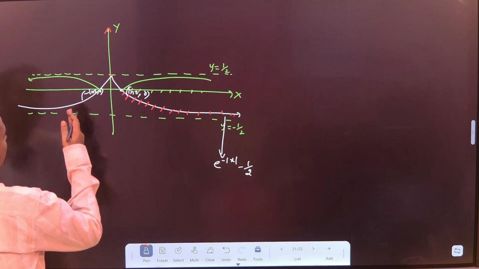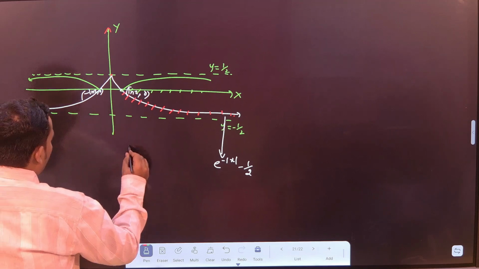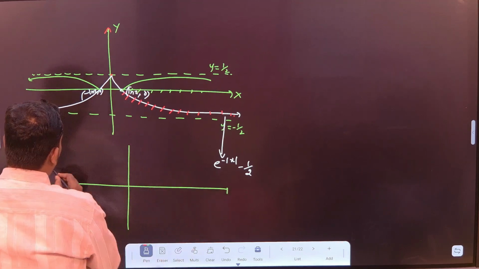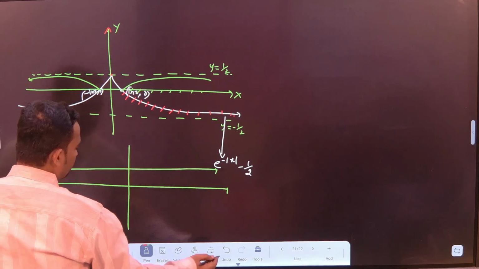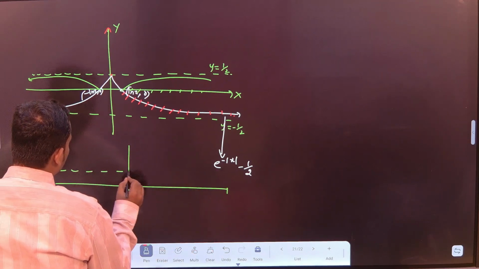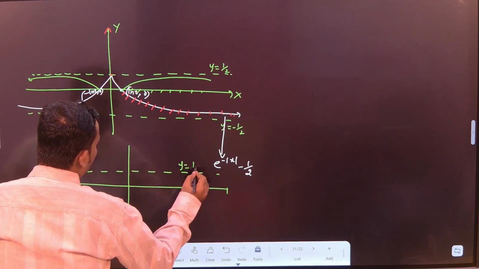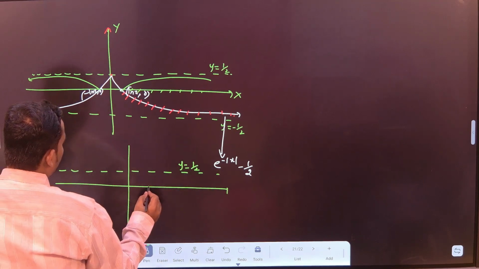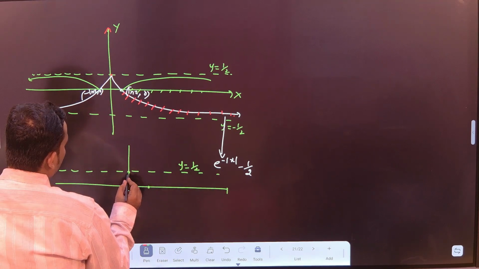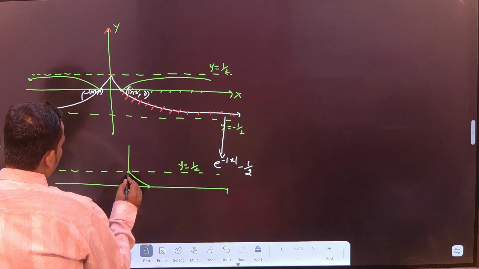This is the mod graph, so you can draw the graph. Here is y is equal to 1 by 2. The graph looks like this.